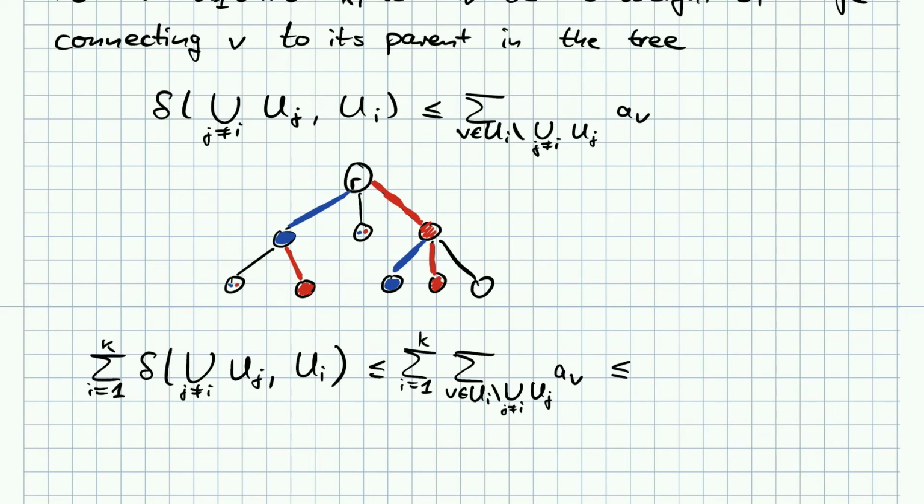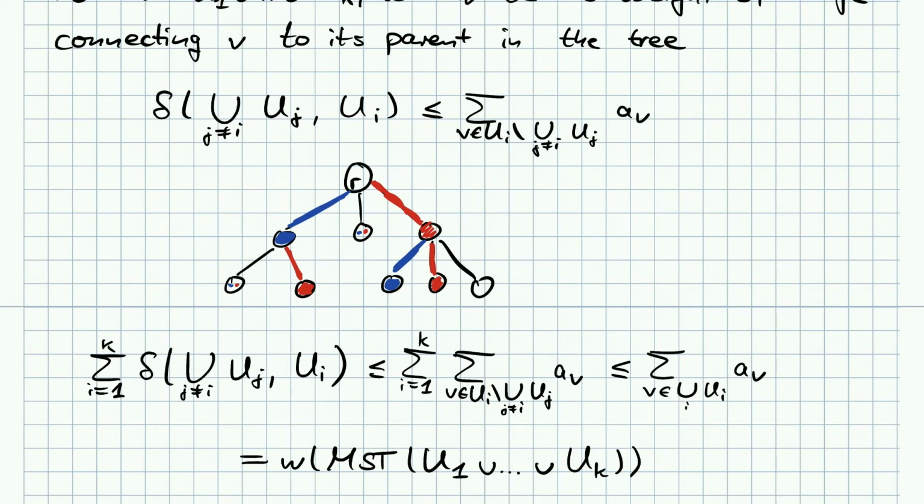Each V appears only once. Each edge is counted at most once, and this means that the cost that we're seeing here is at most the cost of a minimum spanning tree on these sets U1 through UK.